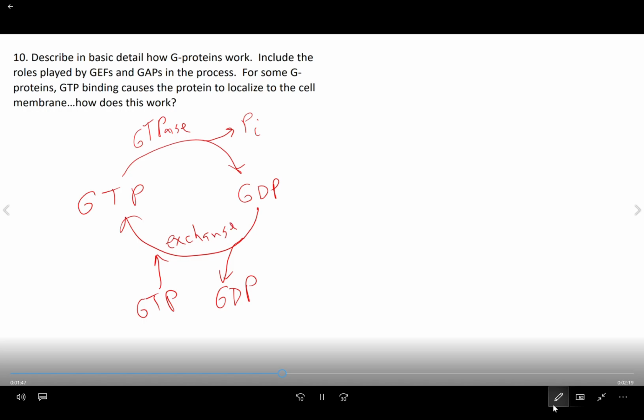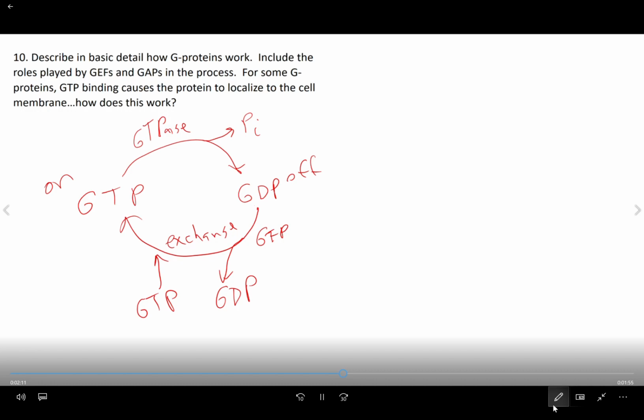So now, this in a nutshell is how G proteins work. One other thing I like to say, the GTP bound state, that G protein is now turned on. Whatever its function is generally turned on in the GTP bound state. The GDP bound state is the off state, whereby the G protein gets reset.